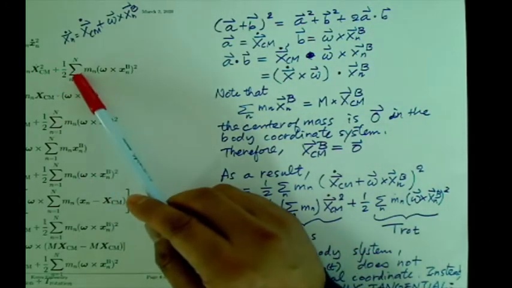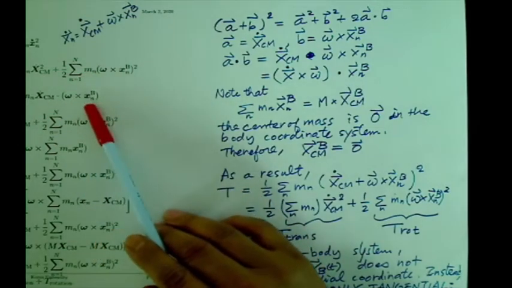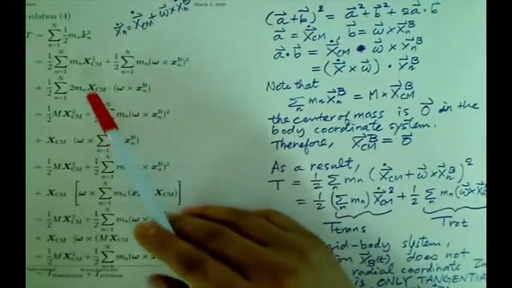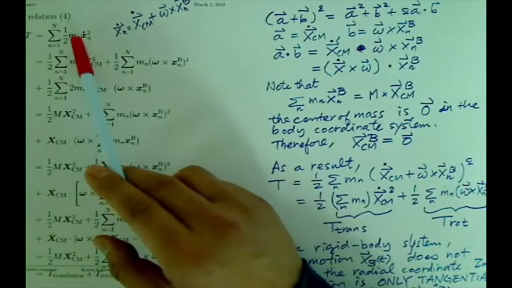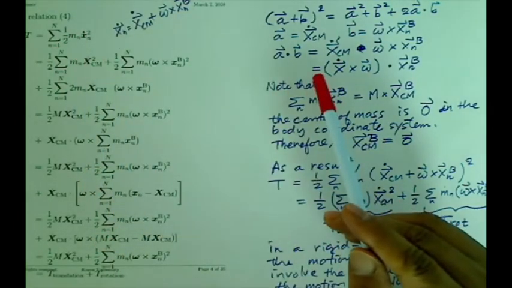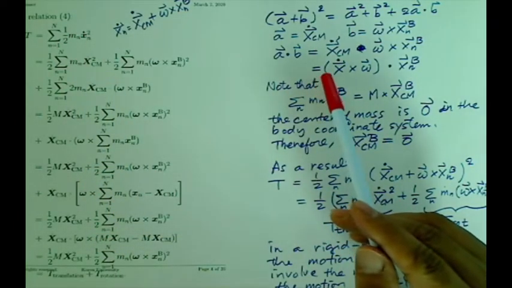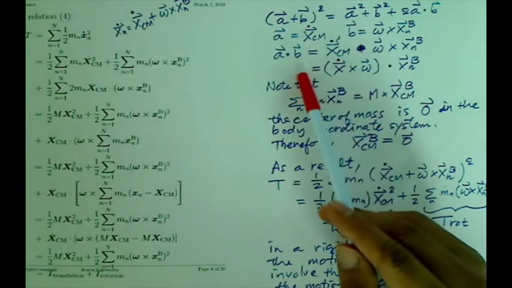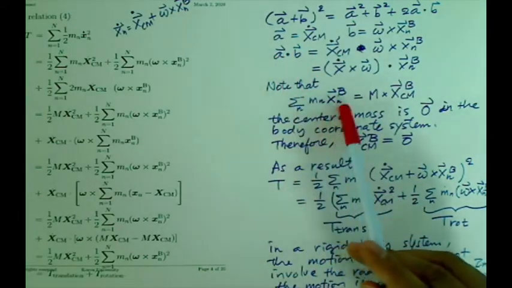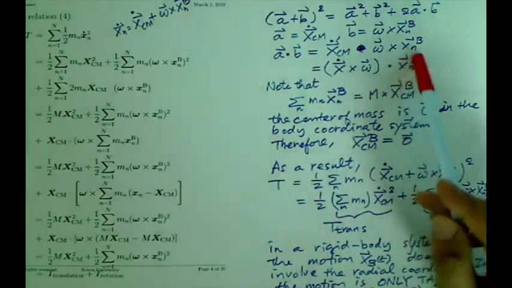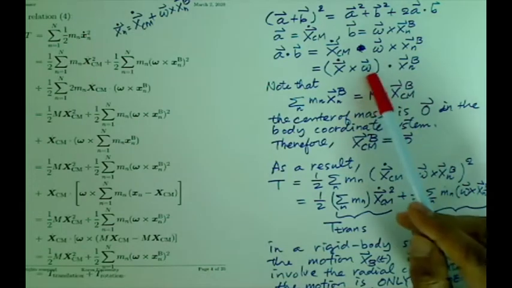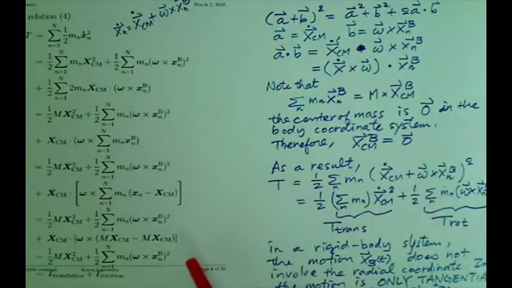We notice there is a summation over n, after multiplying by mn, the particle n's mass. And the summation gives the total mass times the center of mass.